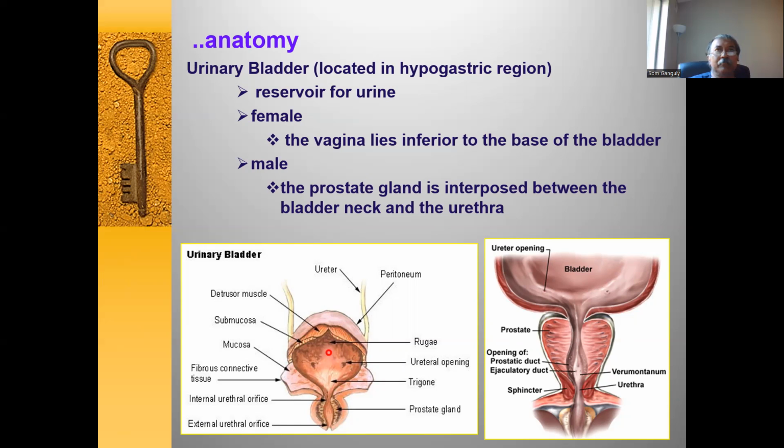It stores the urine, and when it is full, it empties the urine by opening the sphincter, by opening the orifice, internal and external, passing the urine down to the urethra. It collects urine from the ureter.